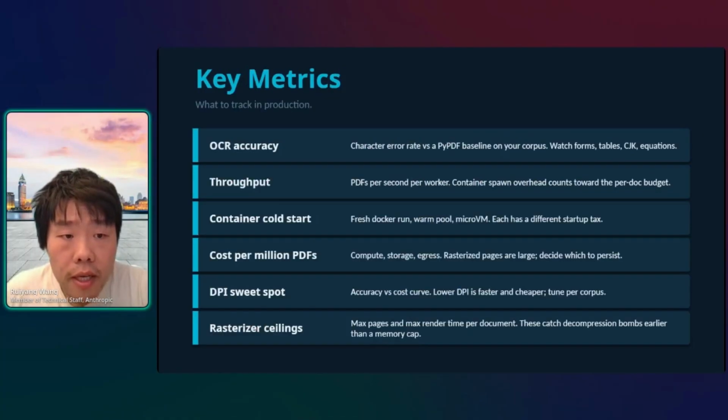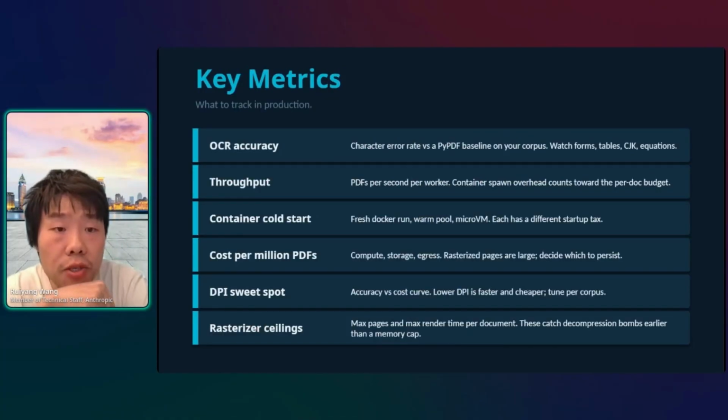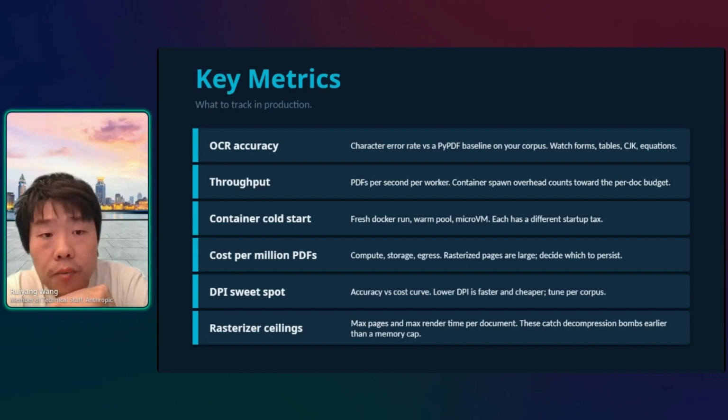And in productionization, you also need to do a lot of metrics, and some of the metrics can guide you in the next step of your development. Like you have a GPU OCR, and how accurate is that? Maybe today you got a new open source GPU model, and you want to try that out.